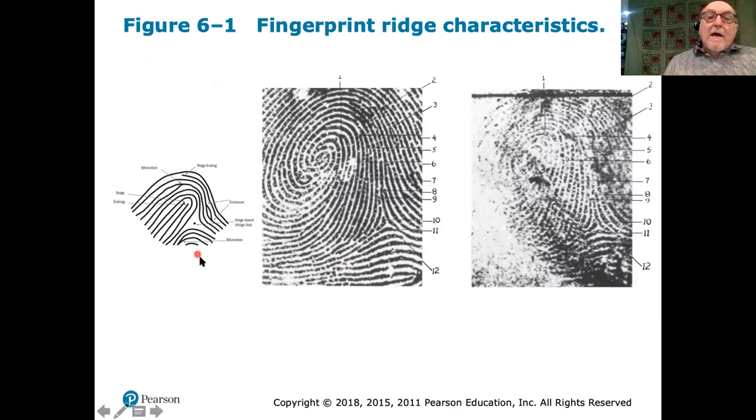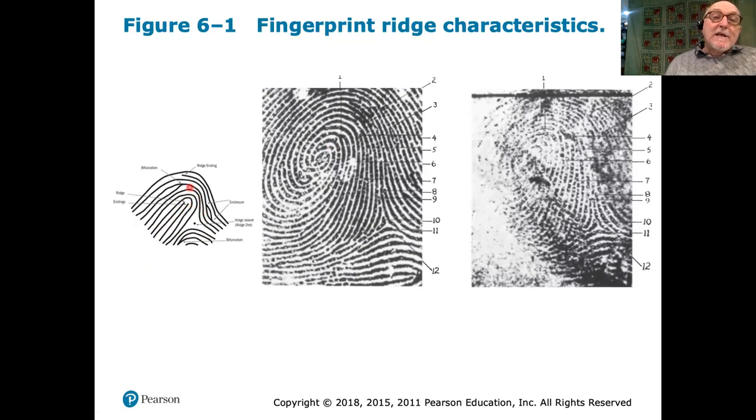So have a look here, and we'll begin to see the kind of things which we're talking about. Here, for example, is a loop structure, and we're going to follow some of the ridges and see what they do. First of all, have a look here and see how they terminate. See these ones here? That is a ridge ending, and its presence and its position is diagnostic for that fingerprint.